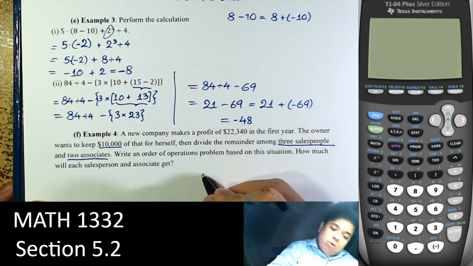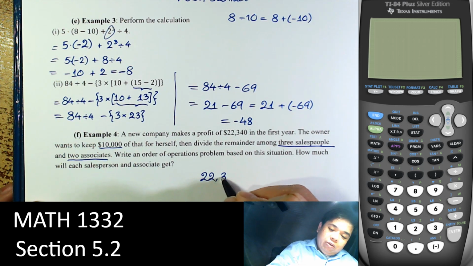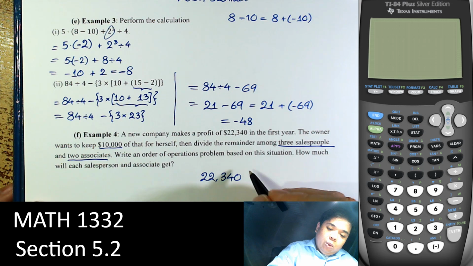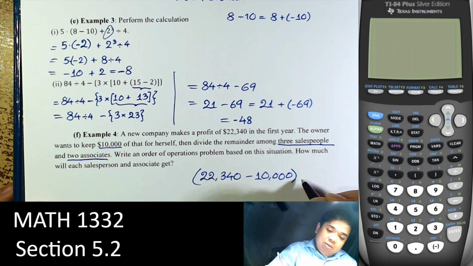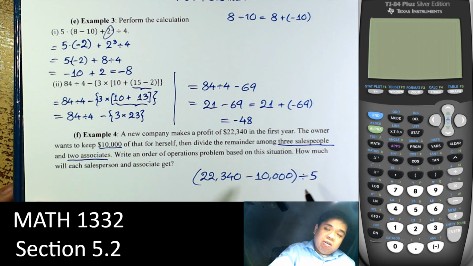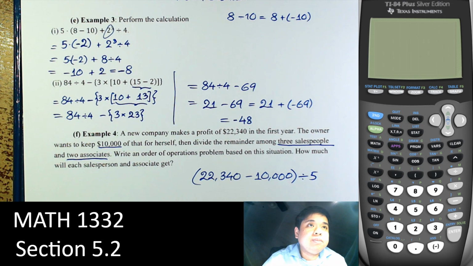So we have 22,340. We have to subtract 10,000 for the boss, and then divide by 5 among them. So it's just like that.